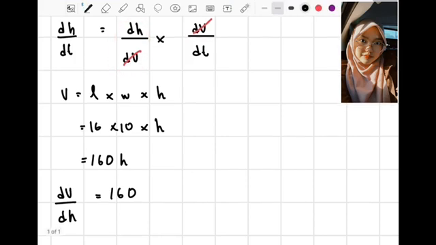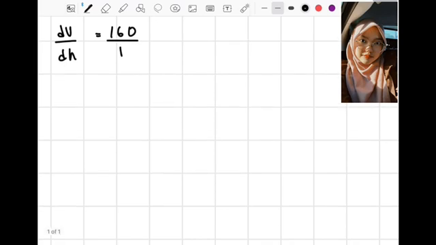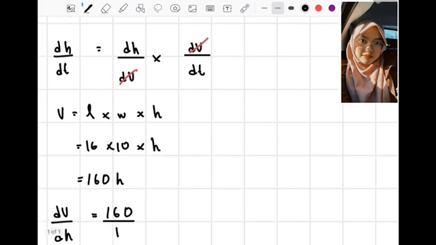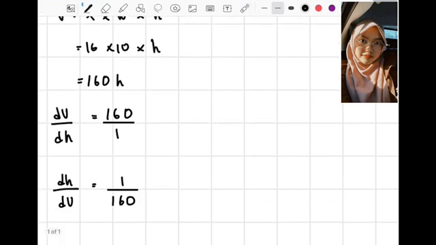Since dV over dh is equal to 160 over 1, we just need to flip the fraction upside down. So dh over dV is equal to 1 over 160.